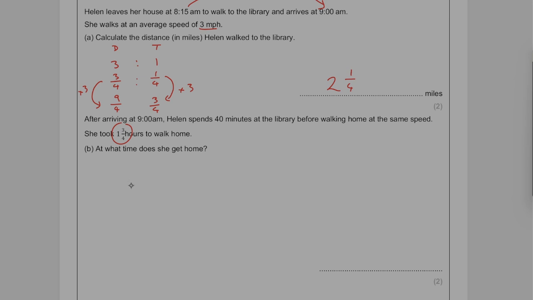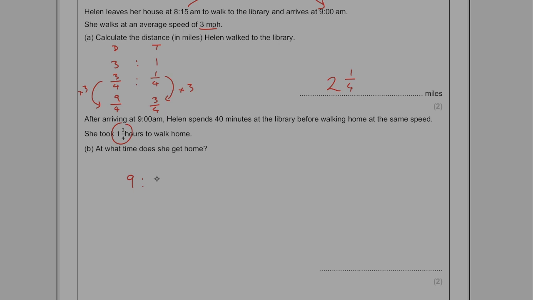Right. So she left the library then at 9 a.m. plus 40. So she left the library at 9:40. We want to add on an hour and 3/4. So 3/4 of an hour is going to be 45 minutes. So I'm going to add on 1 hour first of all. So that would be 10:40. Then I'm going to add on 45 minutes.